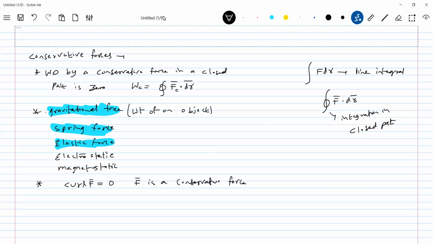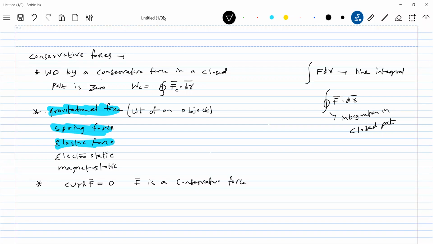Similarly, the curl is also one mathematical operator, which is introduced to perform many operations, of which we are using it to show that the given force is conservative.